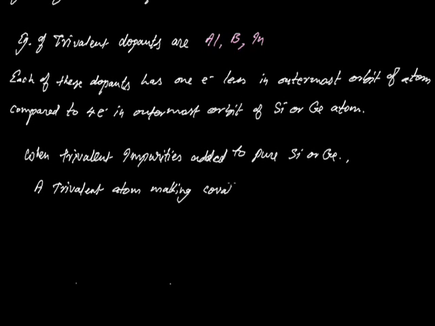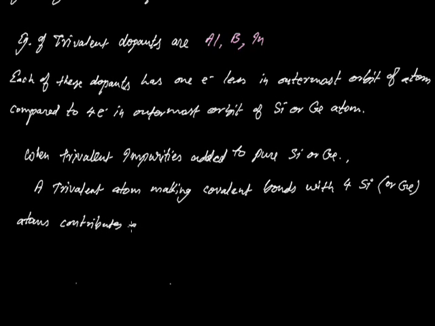making covalent bonds with 4 silicon or germanium atoms contributes only 3 electrons.